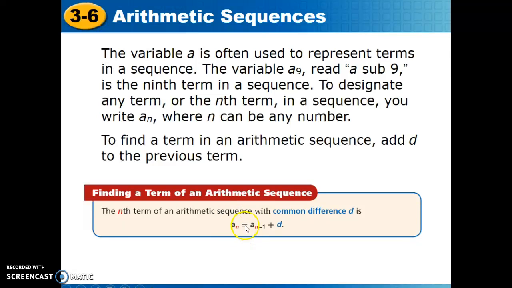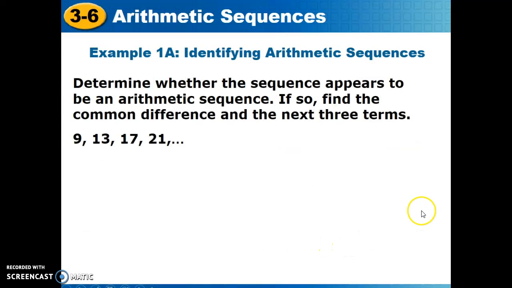This says any term, a sub n, is found by taking a sub n minus 1. All that means is the term before a sub n. So if this is a sub 10, this is just a sub 10 minus 1, which is a sub 9, the term before the 10th term. We take that term, we add a difference to it, and we get the next term.